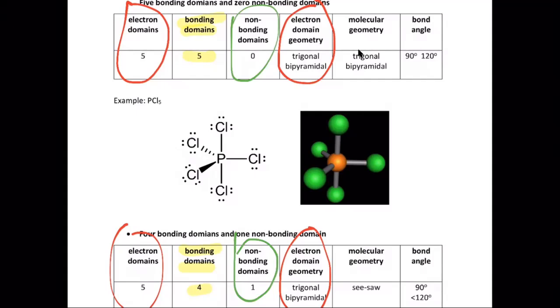When you start having some of the electron domains be non-bonding, meaning you're going to have a lone pair or more than one lone pair on the central atom, that's when the molecular geometry changes. If you look down here at this one, it's called seesaw. It's not called trigonal bipyramidal anymore for the molecular geometry. So those are going to be different. Okay. And then the bond angles are also going to be slightly different.